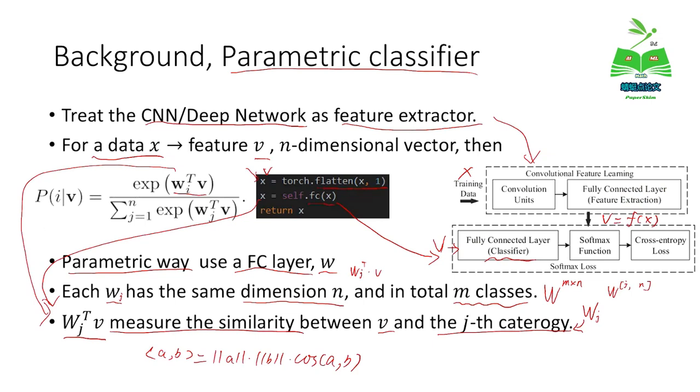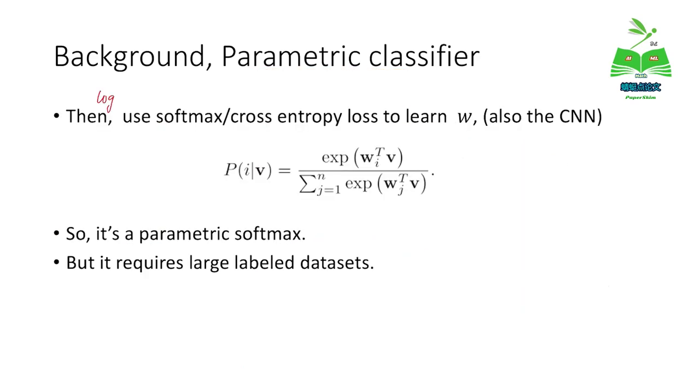So we use this X, the V. We go through the FC, and the output is the logits. Okay, since we get the logits, they go to softmax, to compute the probability vector.